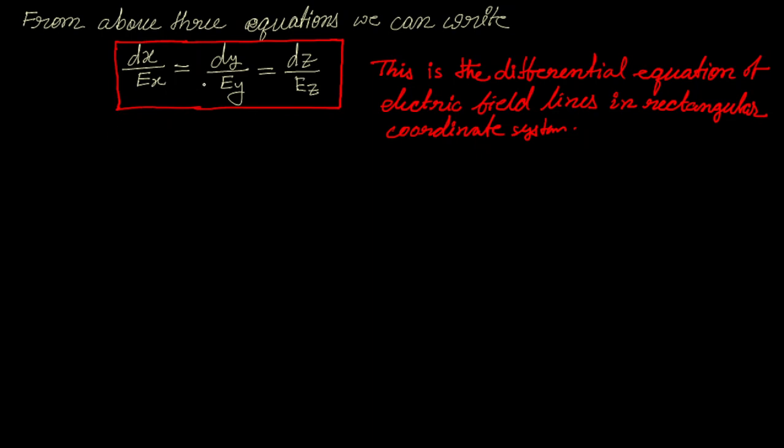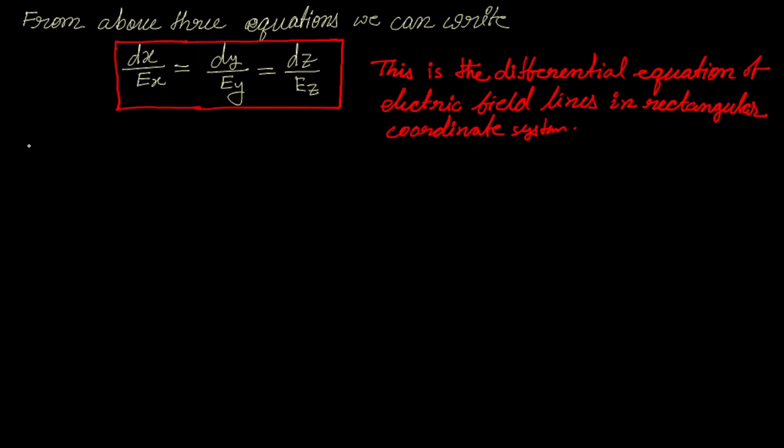To write this differential equation in other coordinate systems, we just need to recall the elementary length associated with each variable. In rectangular coordinates, dx is the elementary length associated with x, dy with y, and dz with the third variable z.